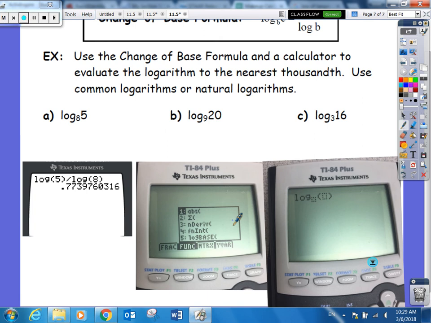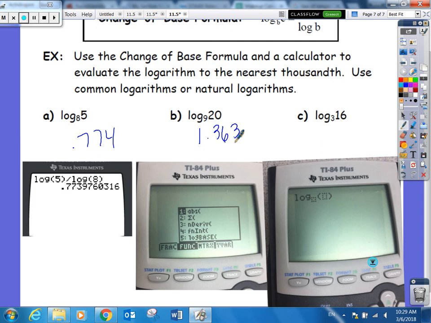All right, so when you plug that in, obviously there's the first answer, 0.77, and since we're rounding to the thousandth, that would be 0.774. That next one, log base 9 of 20, however you do that, log of 20 over log of 9, or use your change of base on the calculator, you should get 1.363.